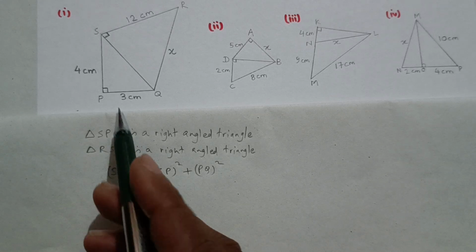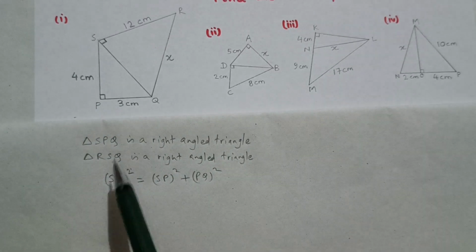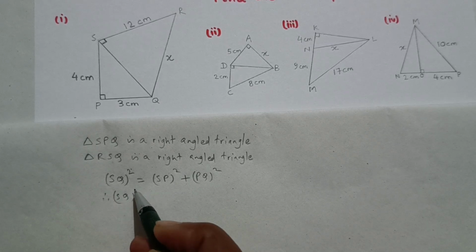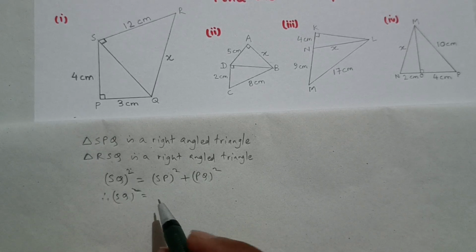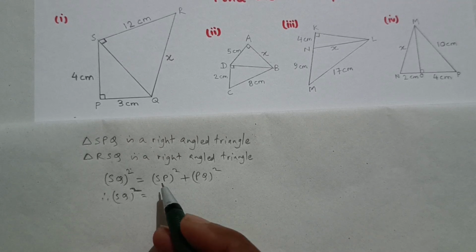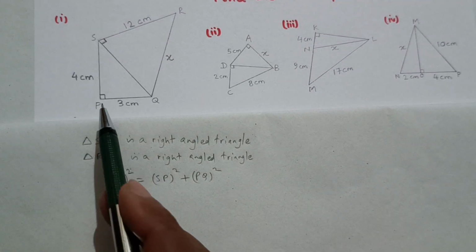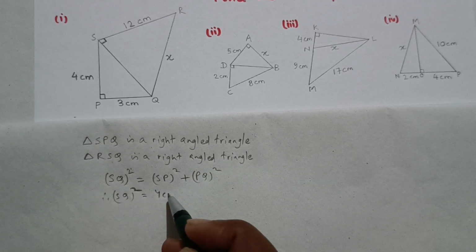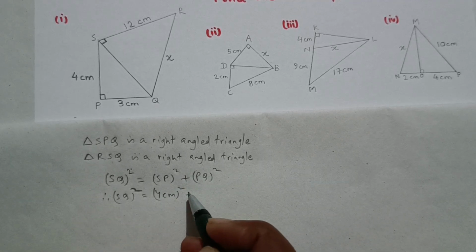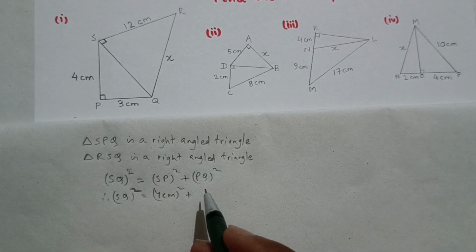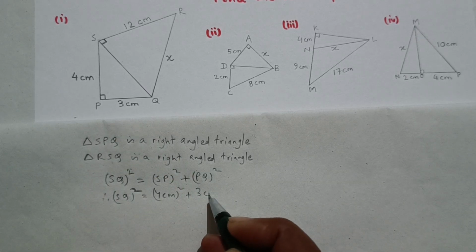Now we have to find the measure of side SQ. So SQ whole square is equal to SP whole square. What is SP? SP is 4 centimeter, so 4 centimeter whole square, plus PQ whole square. What is PQ? PQ is 3 centimeter, so 3 centimeter whole square.